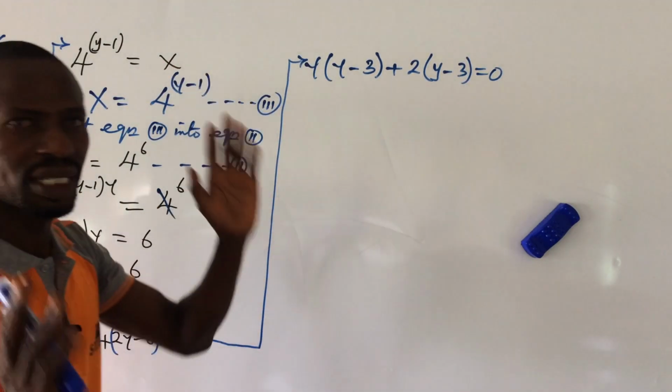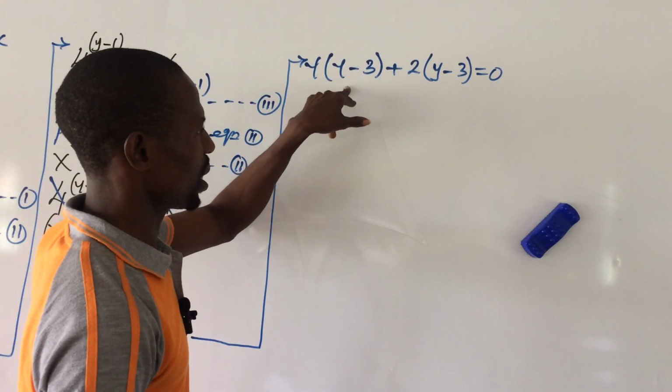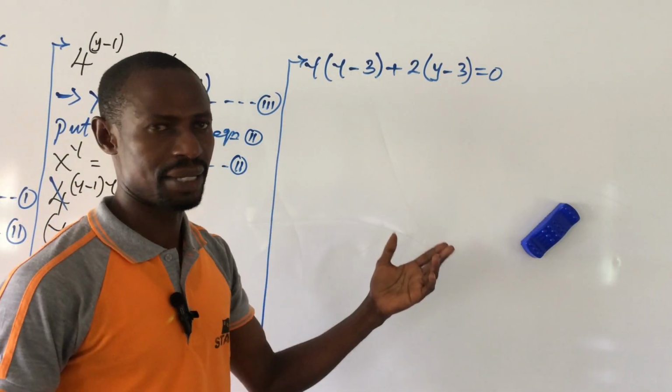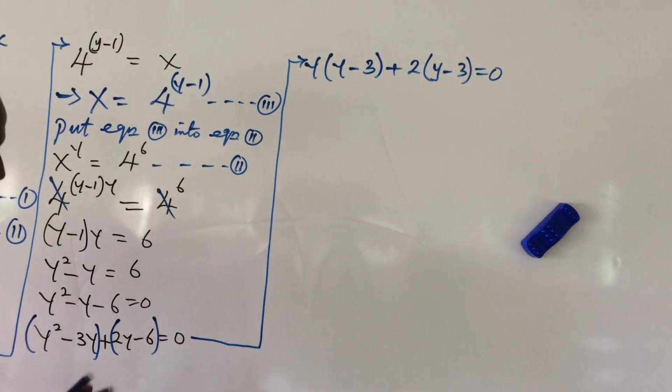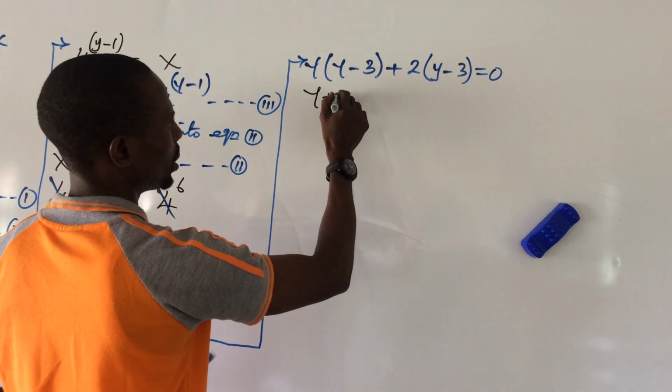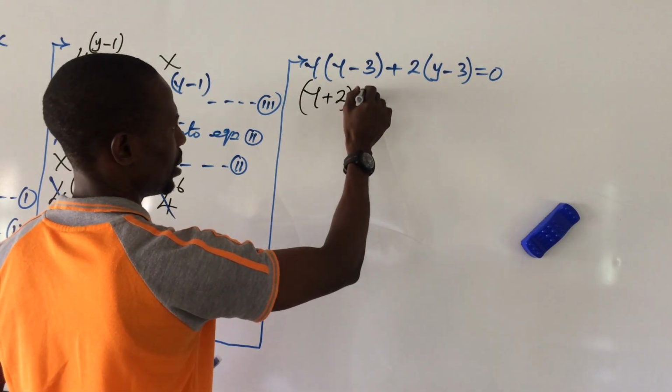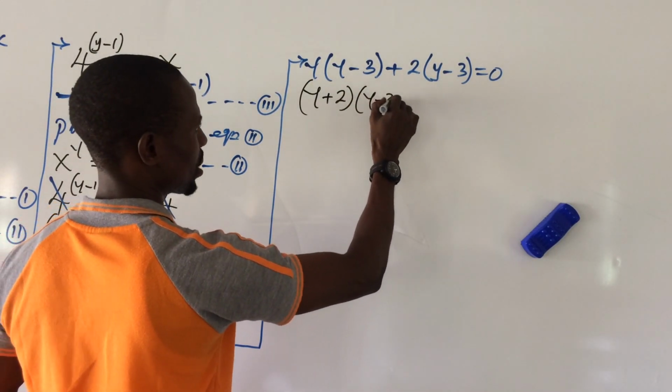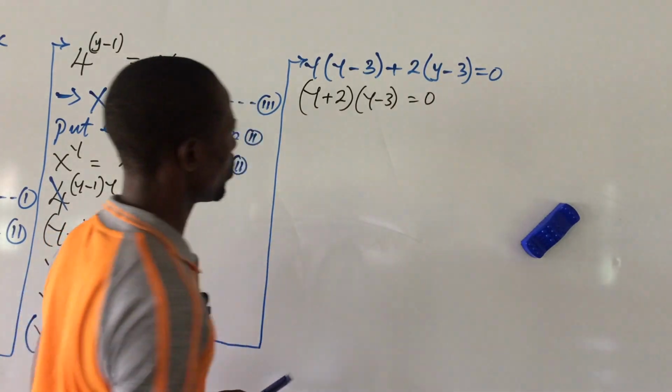You now discover that the terms in the first bracket and second bracket are the same, and so we take only one out. So we're going to have y plus 2 bracket, y minus 3 bracket equal to 0.